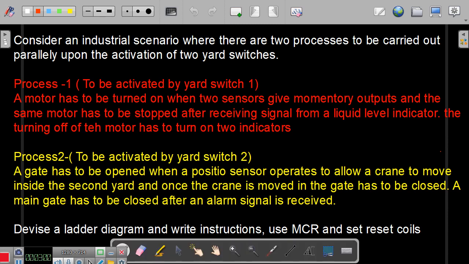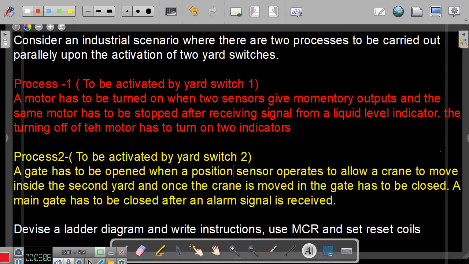A gate has to be opened when the position sensor operates, and here also there are small spelling mistakes. Okay, that I will change. You can copy down these problems.